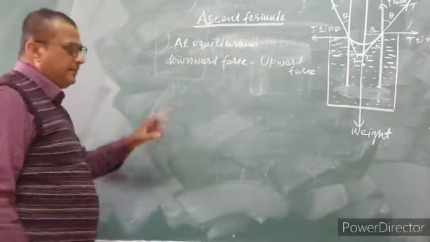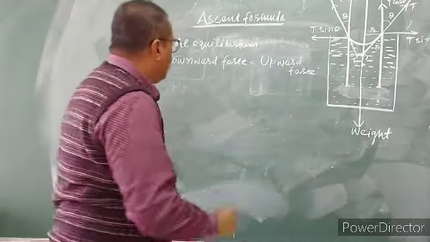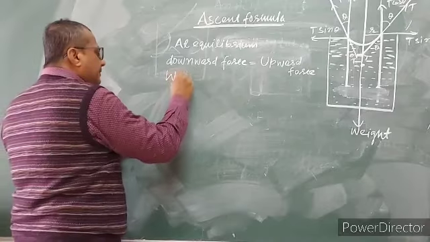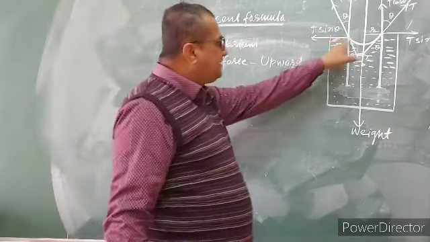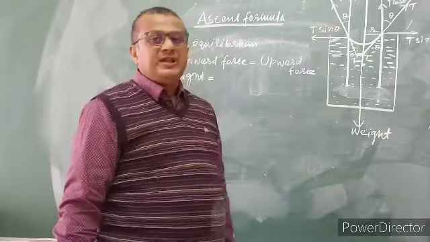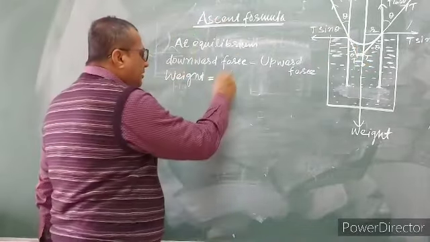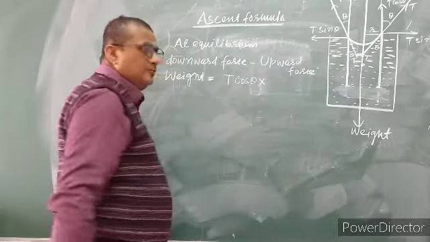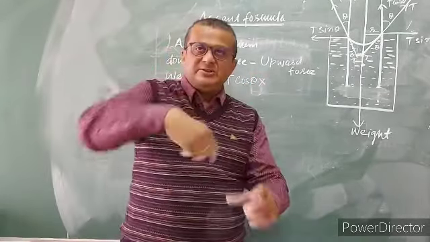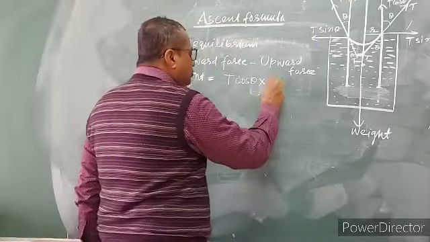Downward force is the weight of the liquid, and upward force is on the meniscus. One upward force is acting, that is T cos theta, and T cos theta into what? The circumference. This circumference will be equal to 2 pi r.